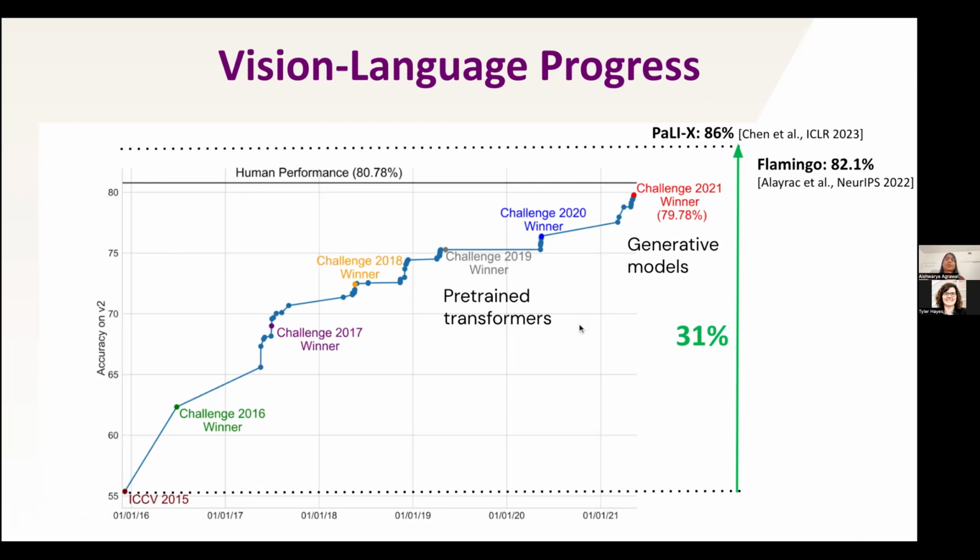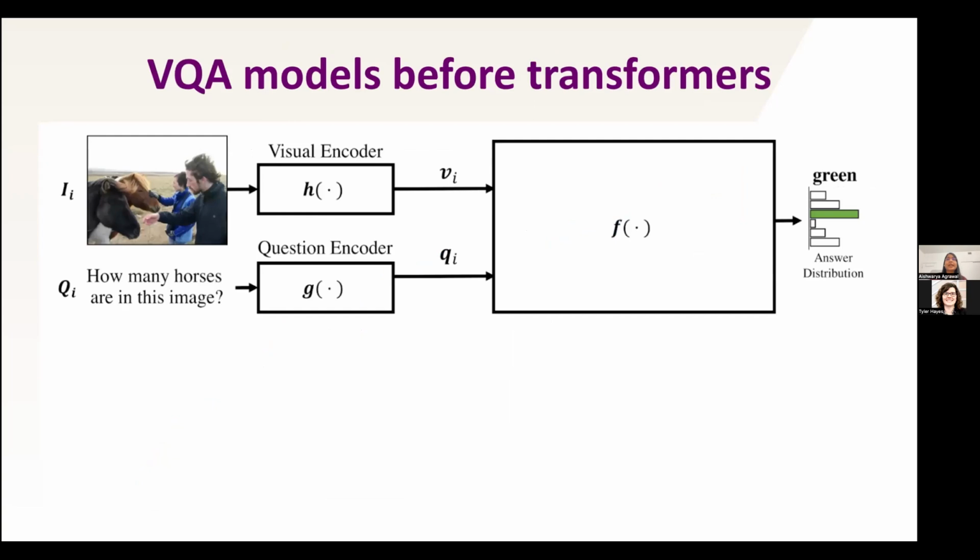With transformers, we are now in this era of pre-training and then either fine tuning or zero shot learning. And more recently, the state of the art models are based on large language models, as you can imagine. So they are generative models and, being based on large language models, they possess zero shot and few shot capabilities. So there has been a lot of progress, which is quite exciting, right?